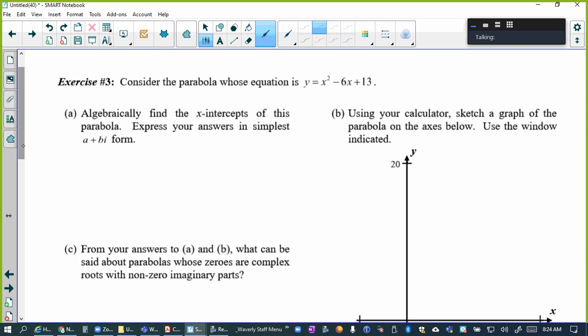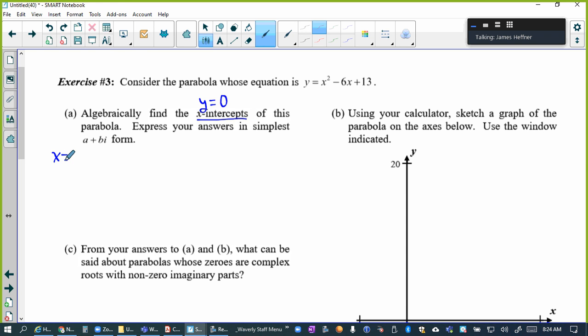The x-intercepts are found where y equals 0. So in other words, we're just setting this equal to 0, like we have been doing. By the way, the x-intercepts are called the zeros of the function, or in other words, solutions.